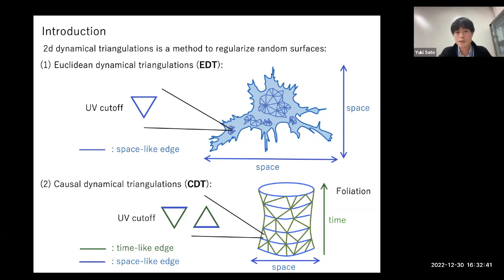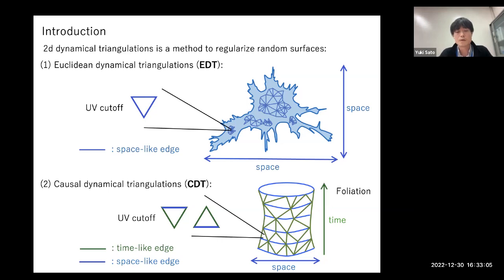This triangle serves as a sort of UV, ultraviolet cutoff. Thanks to this UV cutoff, you can treat the quantum fluctuations of such geometries non-perturbatively. So this is the EDT. And there is another kind called causal dynamical triangulations, dubbed CDT.